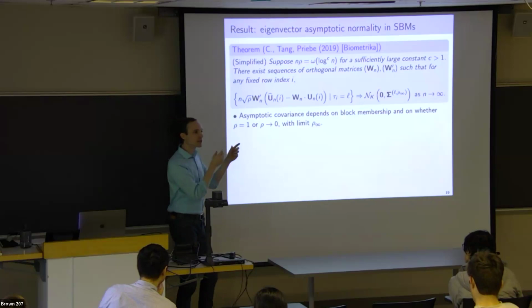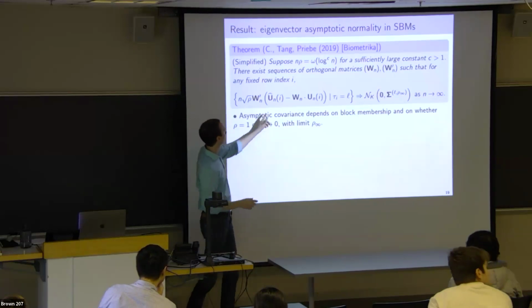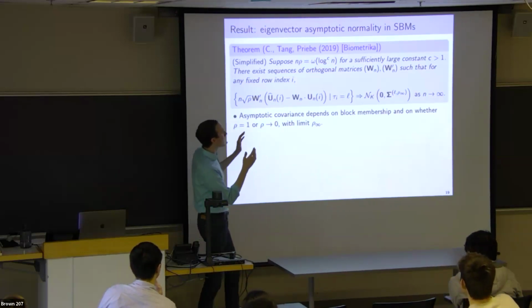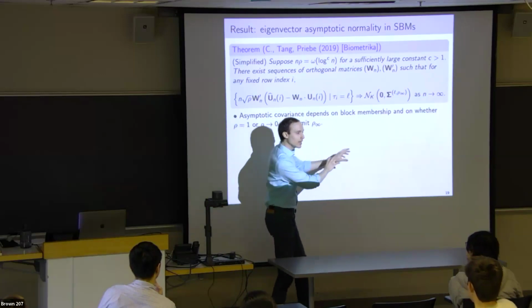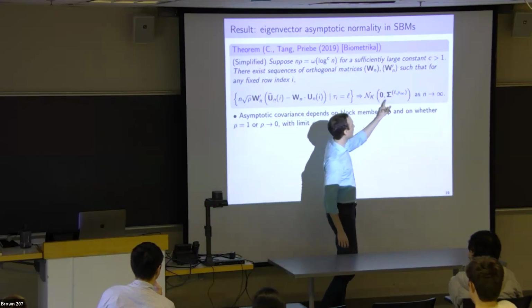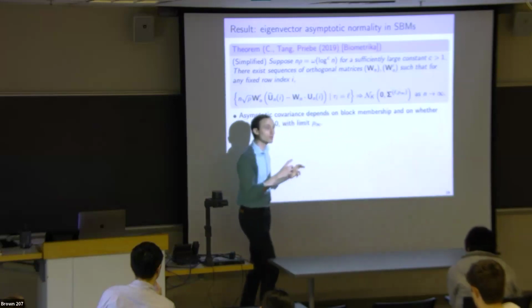What can you say about the residual of that node to the population eigenvectors? And so we have a result here. It's a little bit complicated, but it says ultimately that there is asymptotic normality in low dimensional space for stochastic block models, where the asymptotic mean is 0, so we're asymptotically unbiased, and the covariance depends on the block membership.